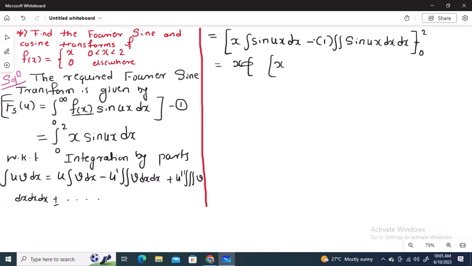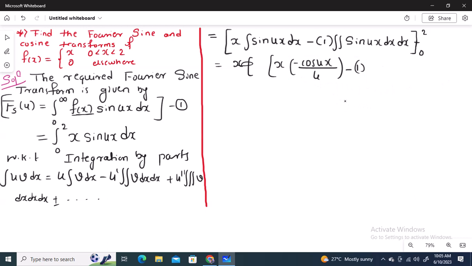x into the integral of sine, which is minus cos. So that is minus cos ux by u, where u is the coefficient of x. Minus 1 as it is. Double integration of sine ux is there. One time integration of sine we already have, that is minus cos ux by u. This we have to integrate one more time. That indicates double integration. So what happens if I integrate this one more time?